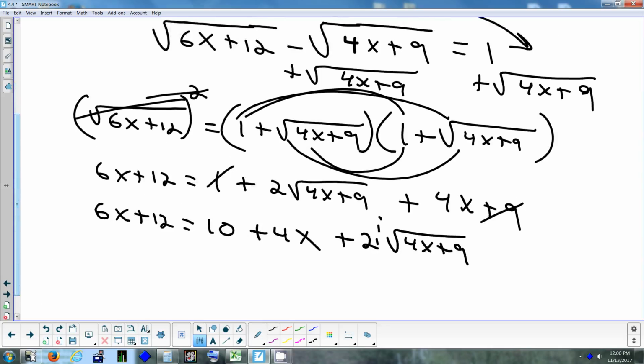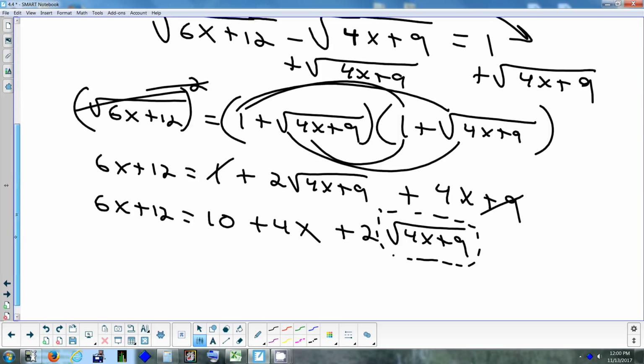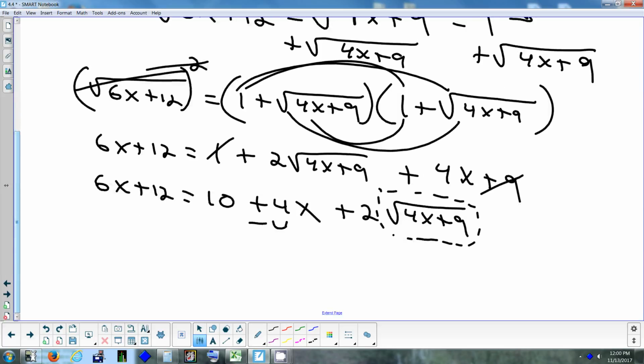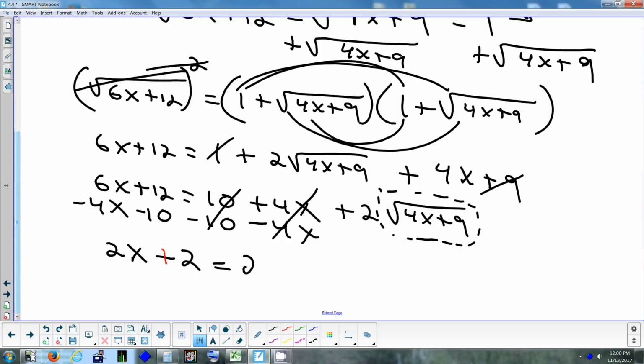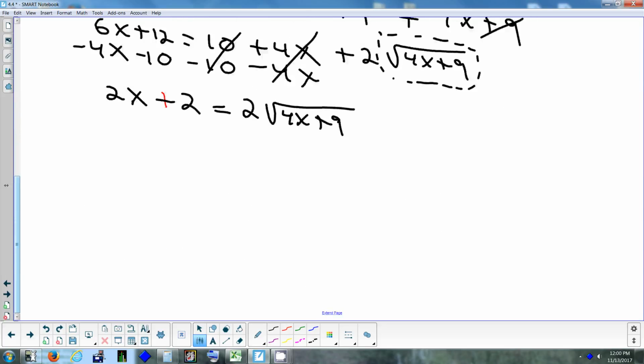Now my goal is to get that by itself. So you subtract 4x. What else? 10. Let's just do that for now. So that's going to give me 2x plus 2 equals 2 square root 4x plus 9.